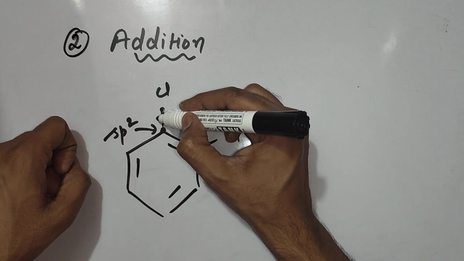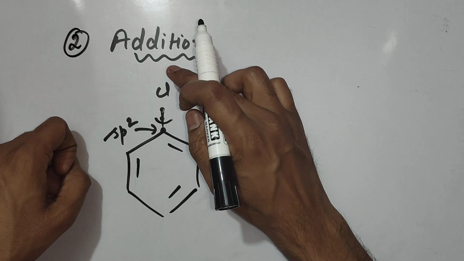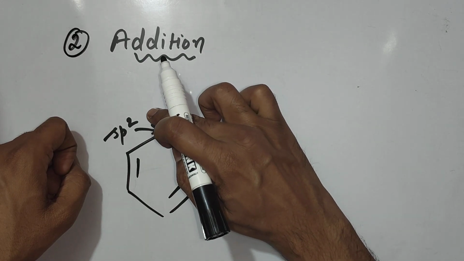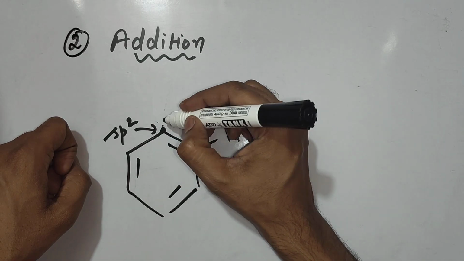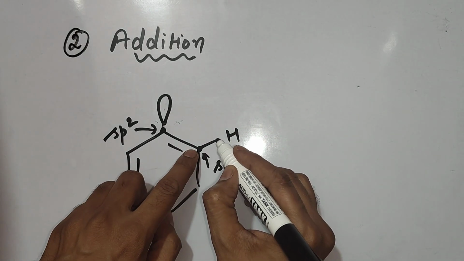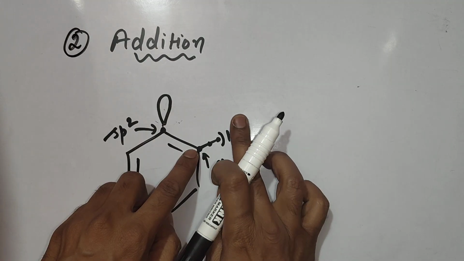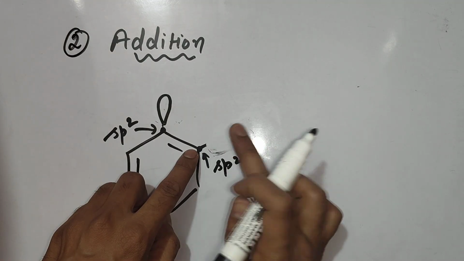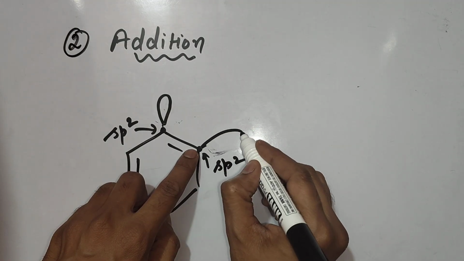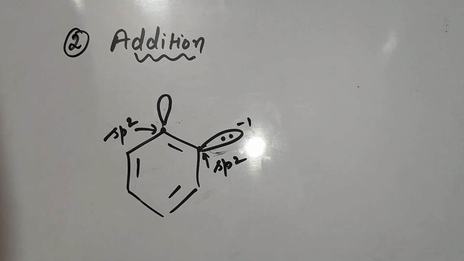When chlorine left this orbital, these 2 electrons were gone with chlorine, due to which here we have a vacant orbital. And this carbon has broken bond from hydrogen and got both electrons in its orbital. So here we will have a generation of this orbital with 2 electrons in it.